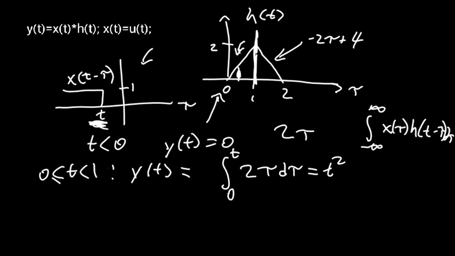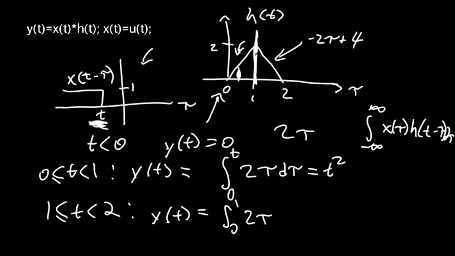Okay, so now we have our third epoch, or whatever you really want to call it, where we have t between 1 and 2, such that y of t is equal to the integral from 0 to 1 of 2 tau d tau, because we're still including this first part.